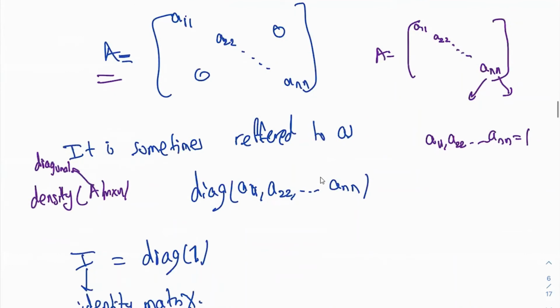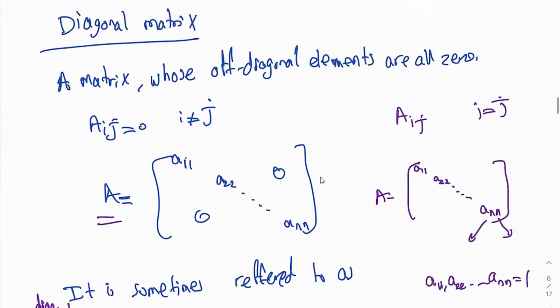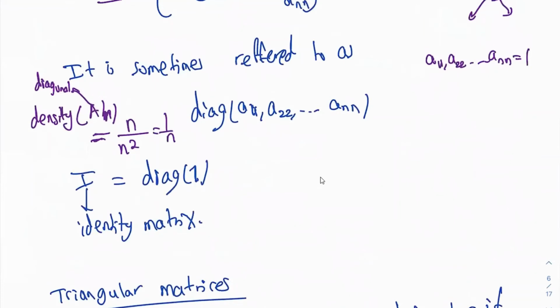It's the same as the density of the identity matrix, which is equal to n over n squared, which is equal to 1 over n. Okay, so identity is an example of a diagonal matrix.